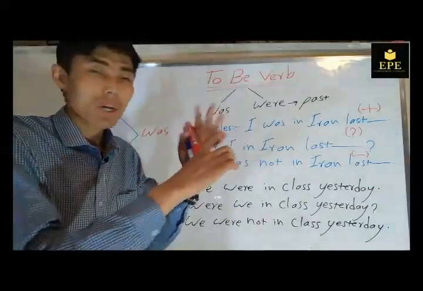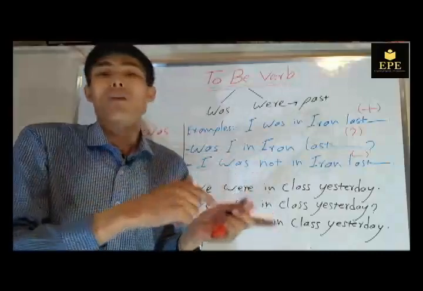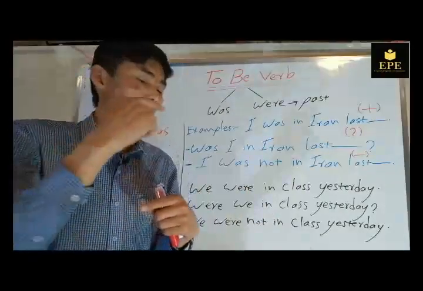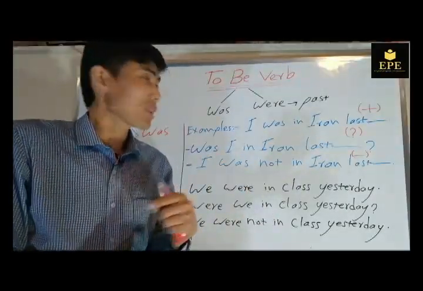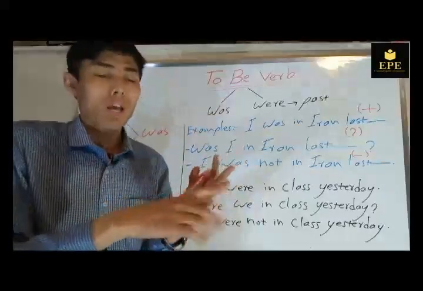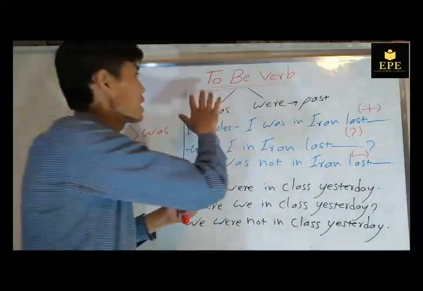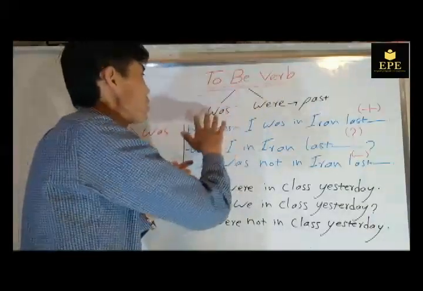We have the to be verb, the to have verb, and the to do verb. I'll release next videos about the to have verb and also the to do verbs. Today, in this video, I just explain about the to be verb, about was and were.